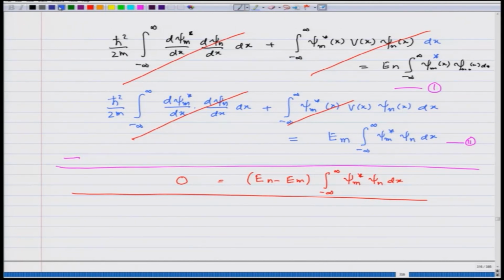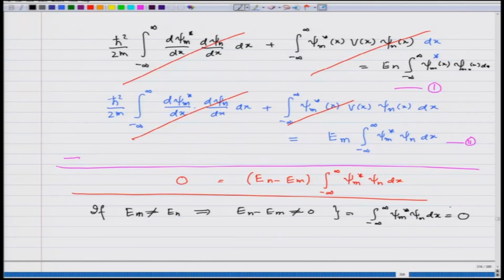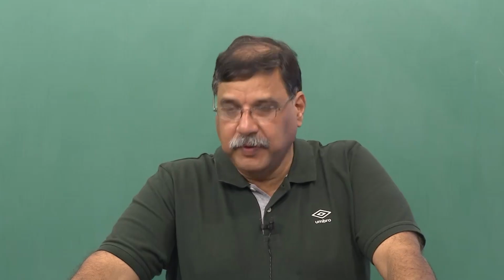And now you can write, if Em is not equal to En, which implies En minus Em is not equal to 0, it immediately means that the integral of ψm* ψn dx is 0. Therefore, we prove the first property, the orthogonality of the wave functions.